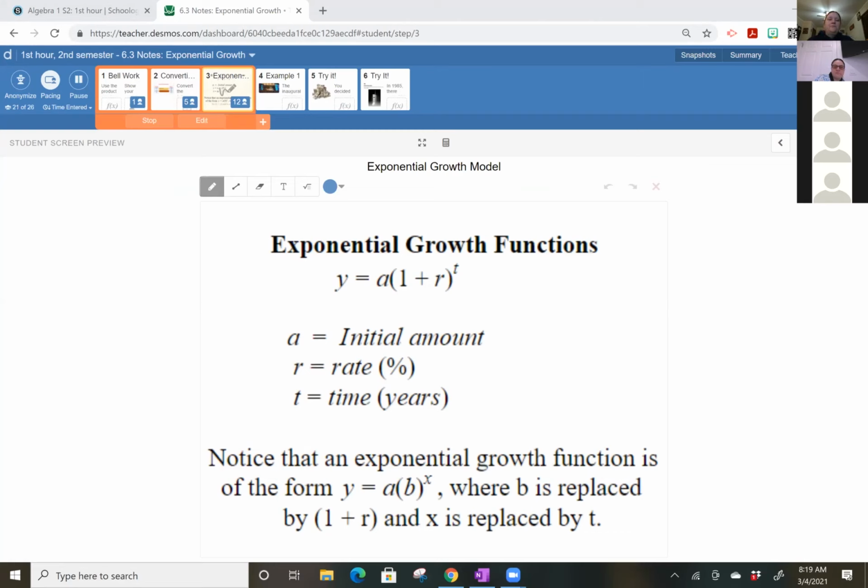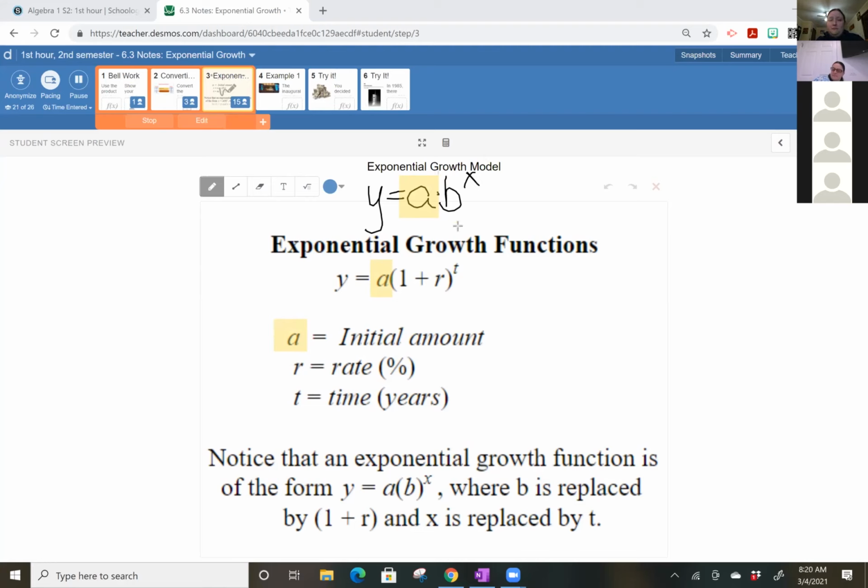All right, so we are now truly talking about exponential growth functions. So for the last 2 weeks, we have done y equals a times b to the x power. So let's talk about this. What is the same between these two equations? What letters are the same? The a value, yes, that's not going anywhere. So we have the a and we have the a. What did the b become?